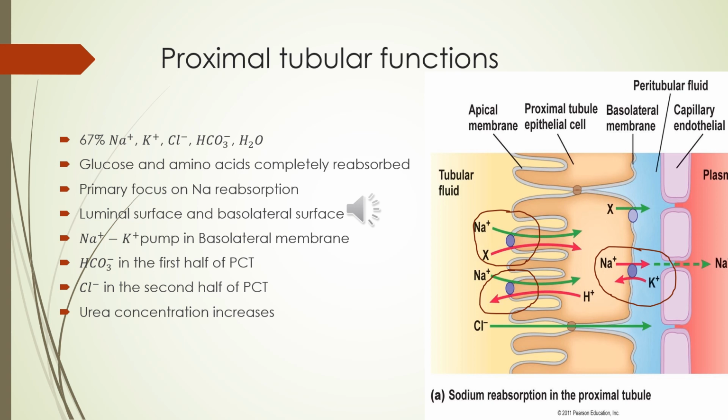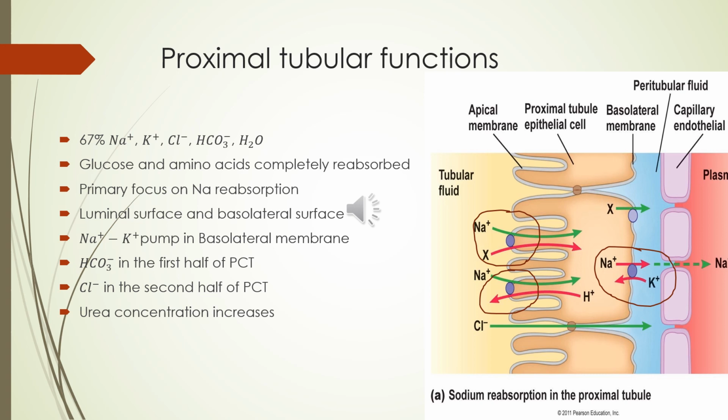So this creates an electrical gradient within the cell that helps in the reabsorption of sodium ions from the tubular fluid into the cell through the apical membrane. There are many substances which are transported along with the sodium ion. Both organic as well as inorganic solutes and water are reabsorbed along with sodium ion.